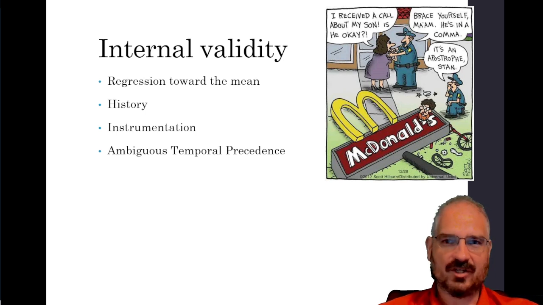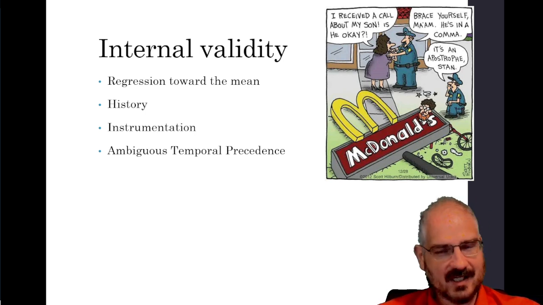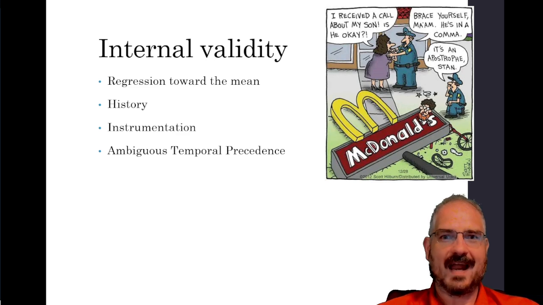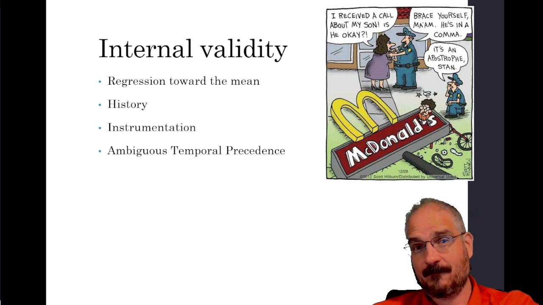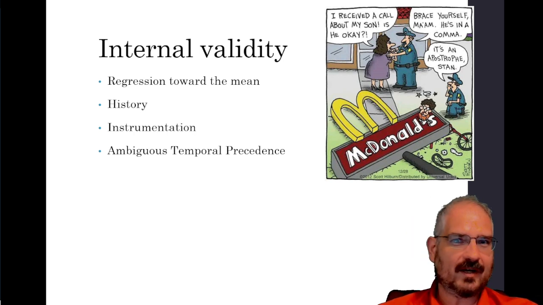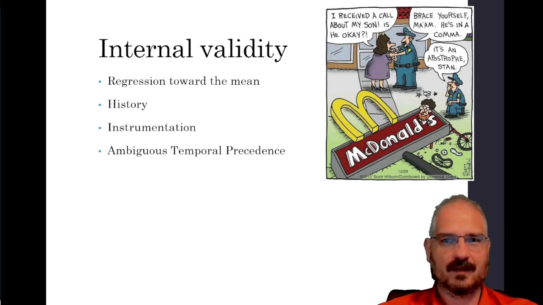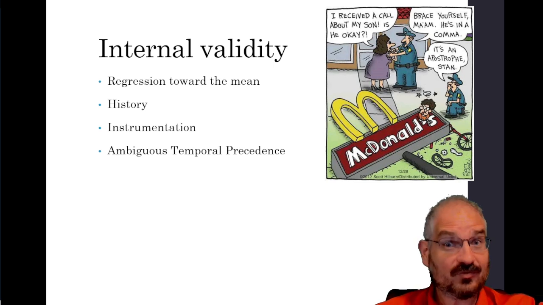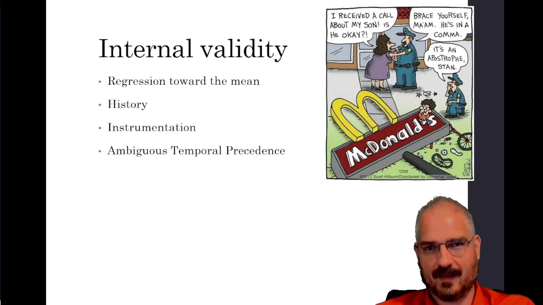I will bet you any amount of money you want that next year, the team that had the worst record in your sport will have a better record than they did last year. And the team that had the best record in your sport is going to have a worse record than they did last year, right?